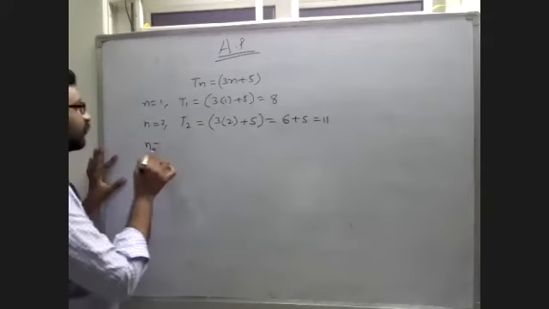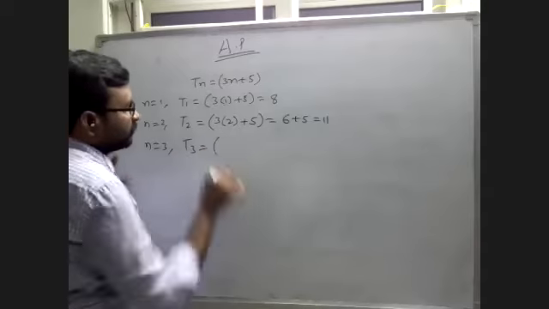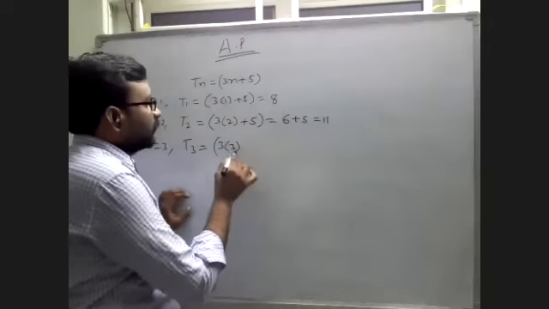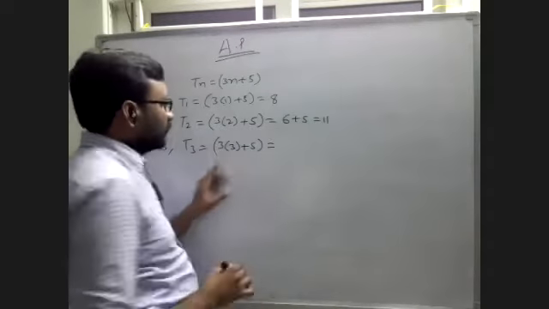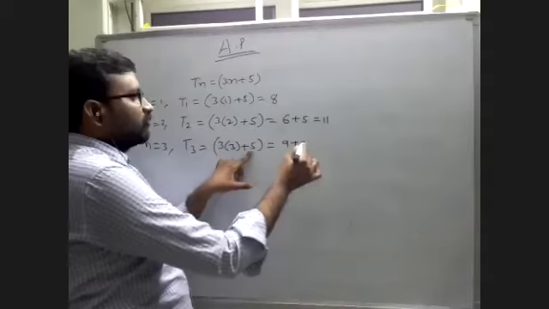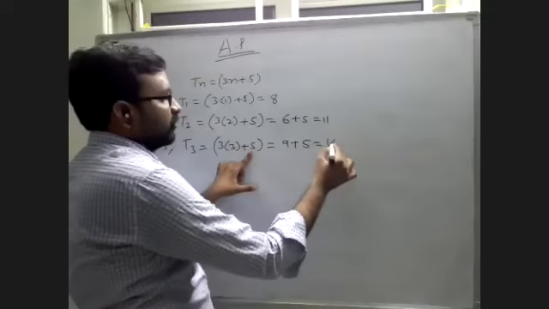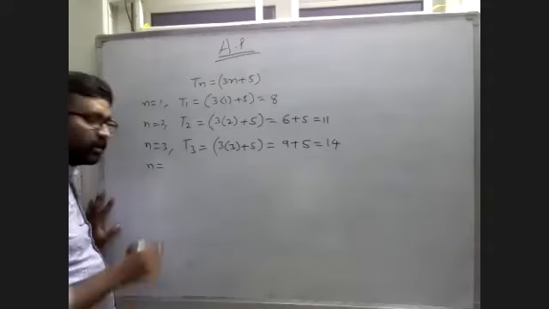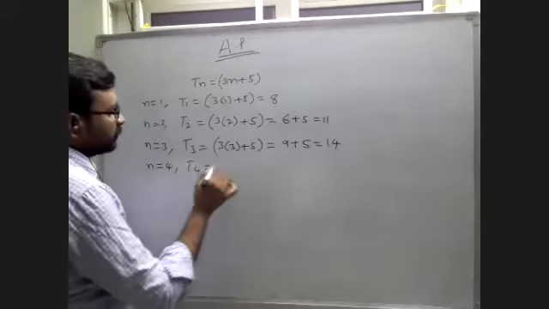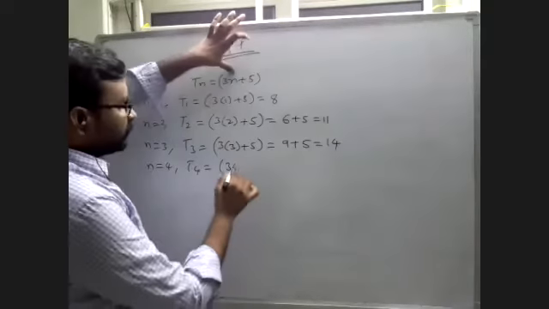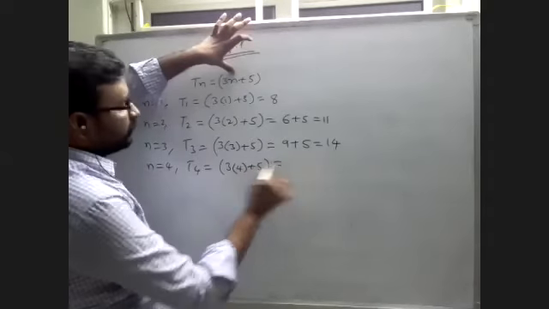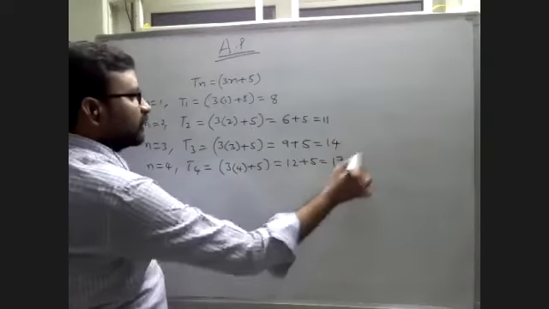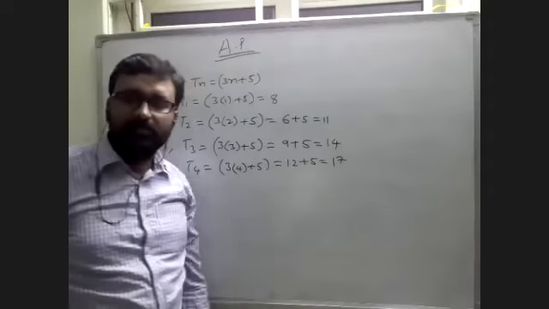Next, n equal to 3, then T3 is 3 into 3 plus 5, 3 threes are 9, plus 5 is 14. Taking n equal to 4, T4 is 3 into 4 plus 5, 3 fours are 12, plus 5 is 17.